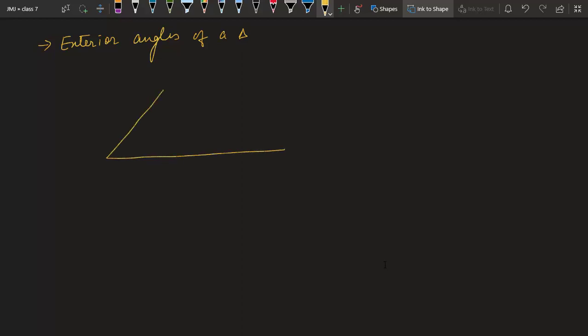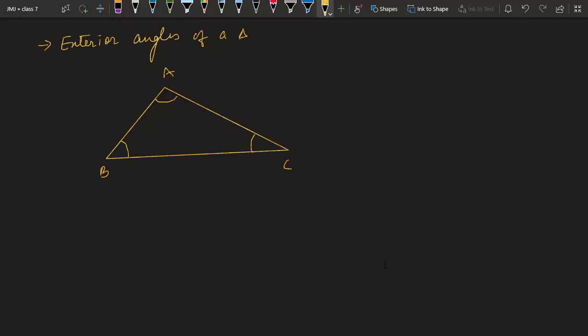Obviously, the name is suggesting those angles which are coming outside the triangle. Now, how will we understand this? We have seen that this angle and this angle are the interior angles. Now, to find exterior angle, we have to extend a side.